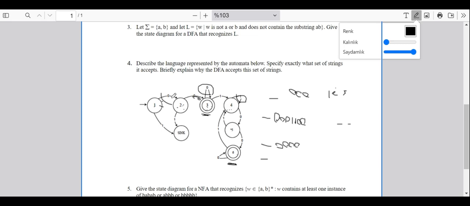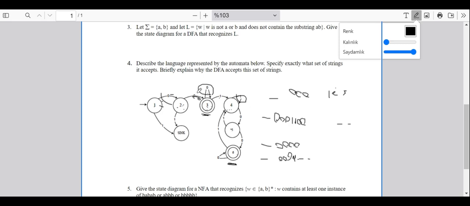Here 0, 0, 0, 1, 1, 0, 0, 0, 1, 1, and so on, because it can go on. It can loop with 0 after state 3.